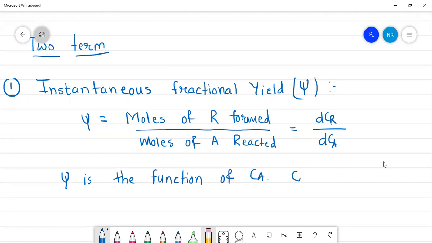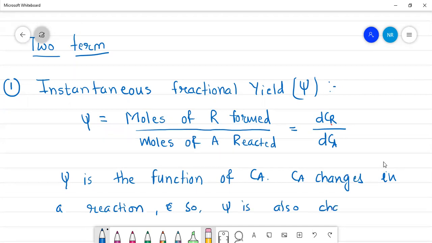So CA changes in a reactor, so psi also changes.